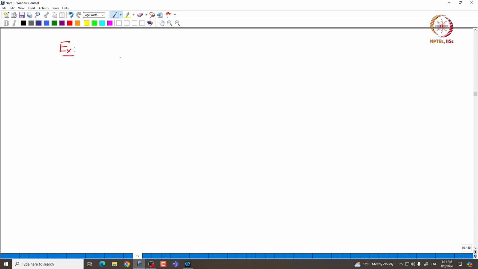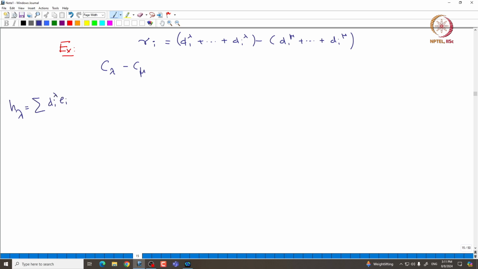So, if you compute this C lambda minus C mu, you take this gamma i to be the difference between these numbers. So, let us write it as D1 lambda plus etcetera plus Di lambda minus D1 mu plus etcetera plus Di mu. So, what is D1 lambda? H lambda you are writing as summation Di lambda Ei, where i ranges from 1 to n plus 1.